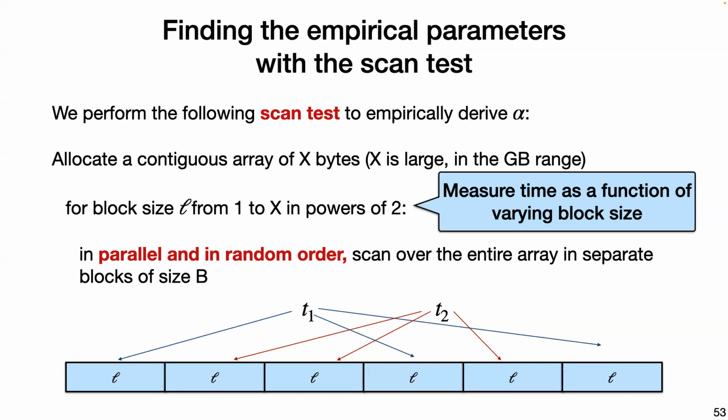For every L, you cut up your X into these chunks, and with multi-threading, you shuffle the order of them and read a disjoint set of them in parallel. So in every experiment, no matter what L is, you're reading the same number of bytes, but you're reading a different amount of them in order.